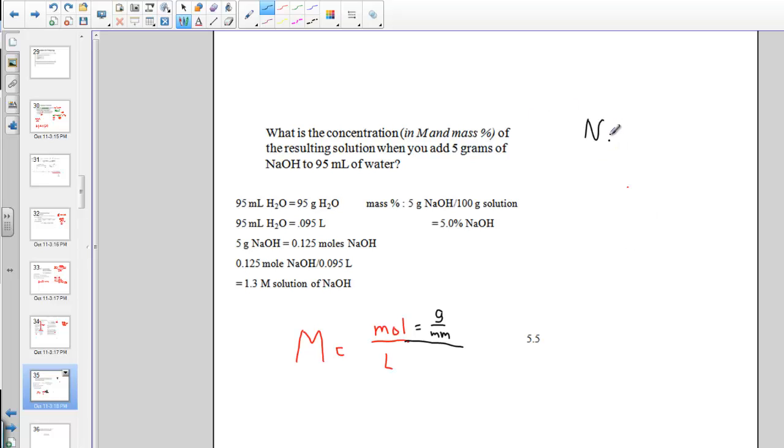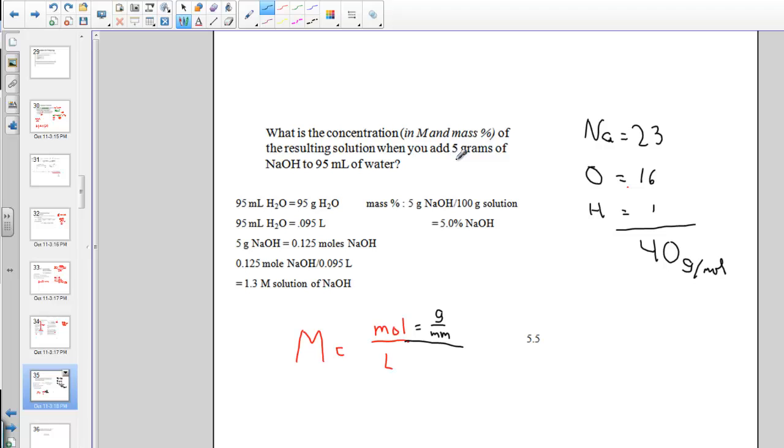Na, I'm going to call that exactly 23. And oxygen has a molar mass of 16, and hydrogen with its molar mass of 1. Add up an Na, an O, and an H, and we get 40 grams per mole, the molar mass of NaOH.